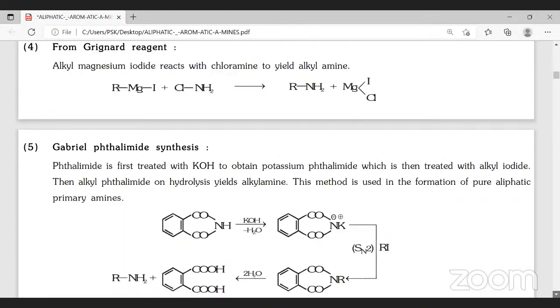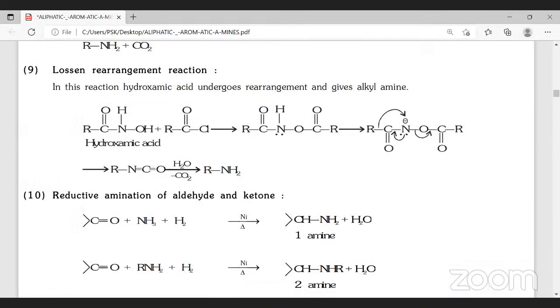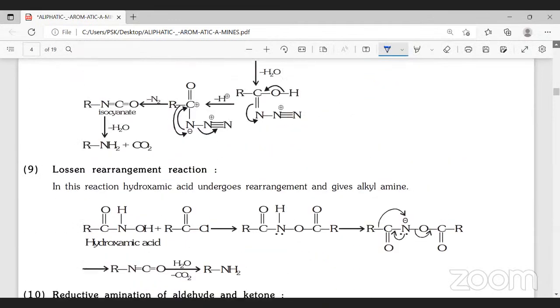Now, what is this Hoffman's alkylation? I will teach you the Hoffman's alkylation here.